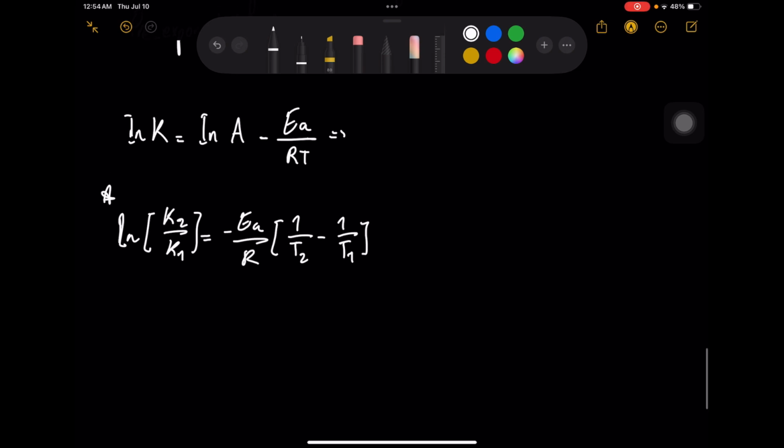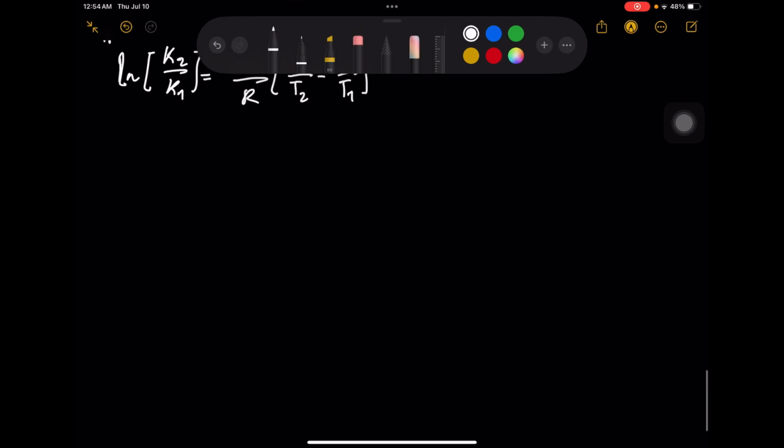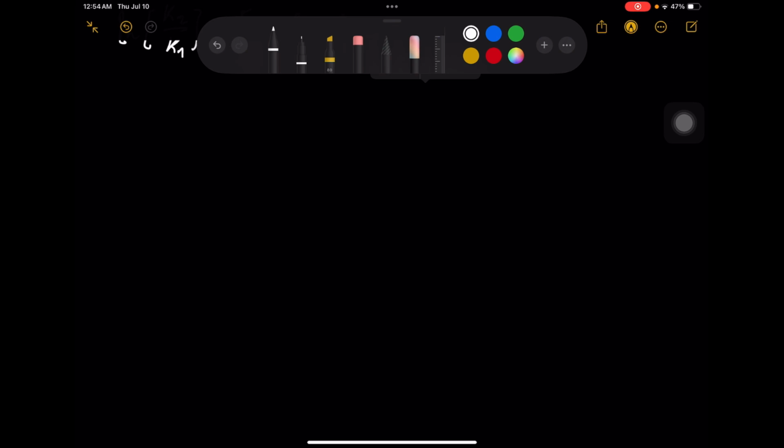I'm doing it because they might not give you that, and then you just have to calculate it. So ln k equals ln A minus activation energy over RT.